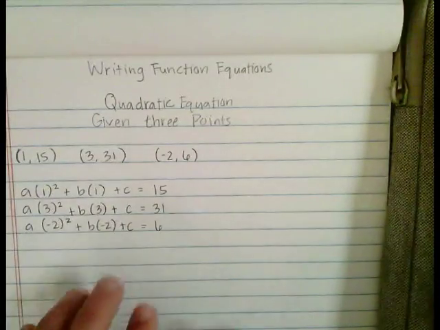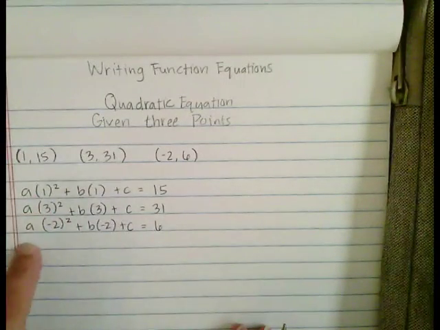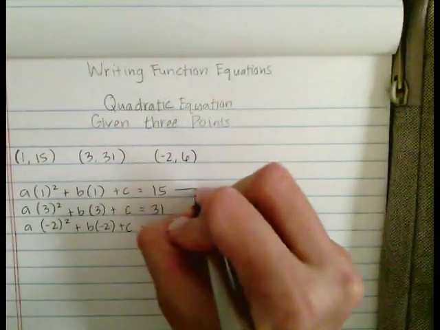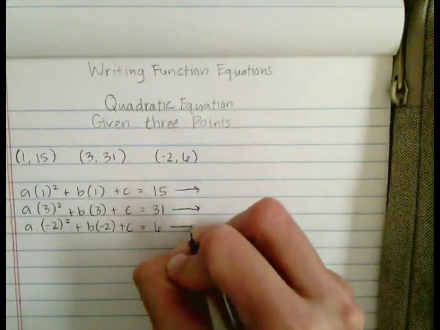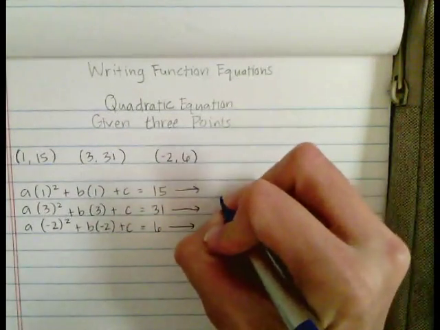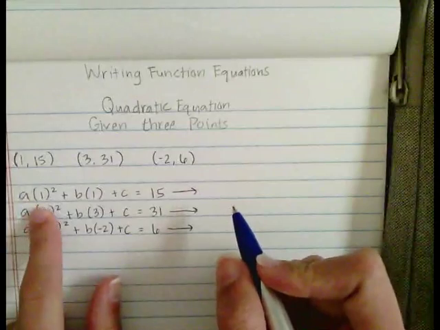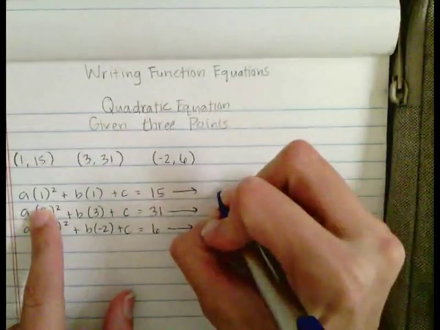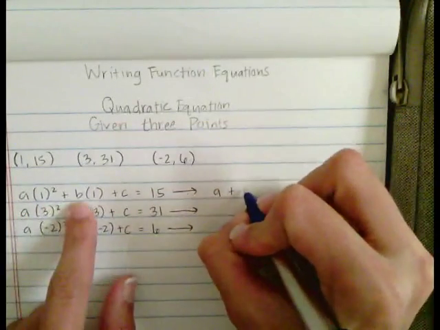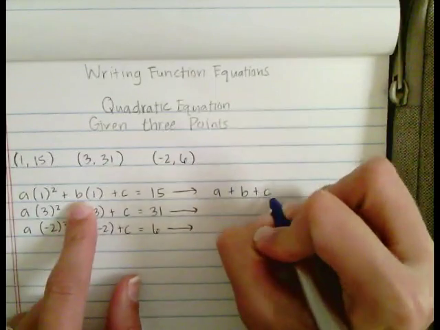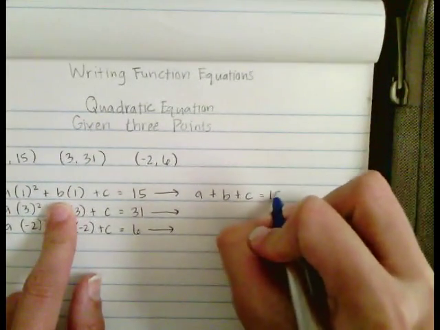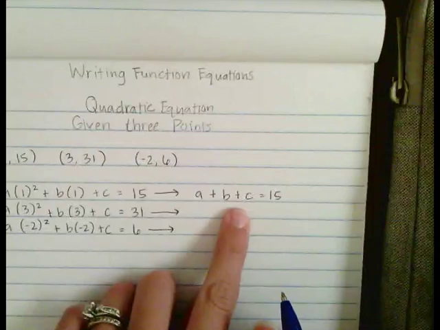Okay, so from here you're just going to simplify all 3 of these equations. A times 1 squared is just A, plus B plus C equals 15. That is this simplified.